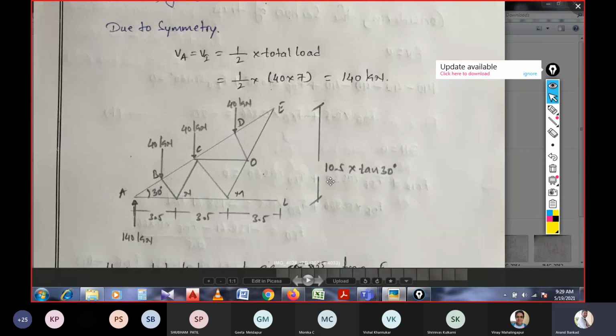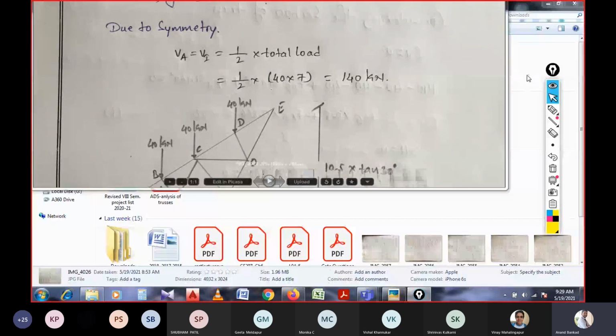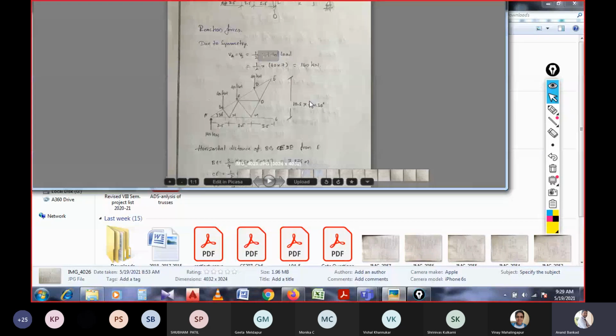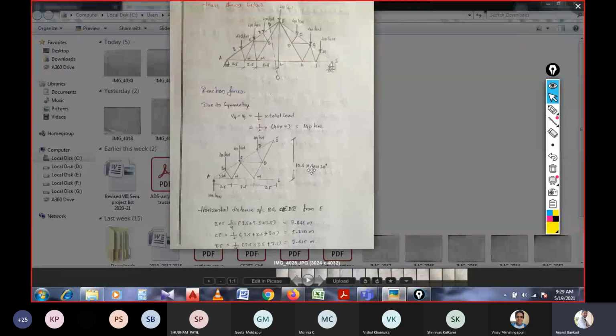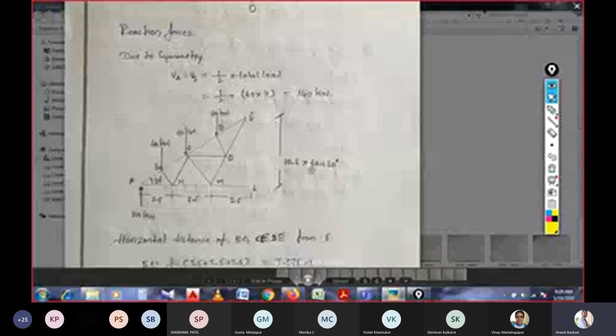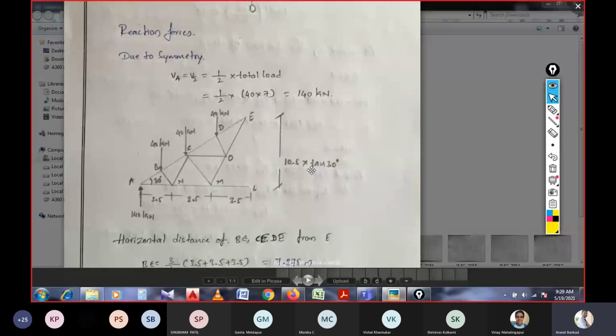So can anybody tell me how it is written over here? 10.5 into tan 30 degrees. Whether it is correct or wrong, at least express yourself.